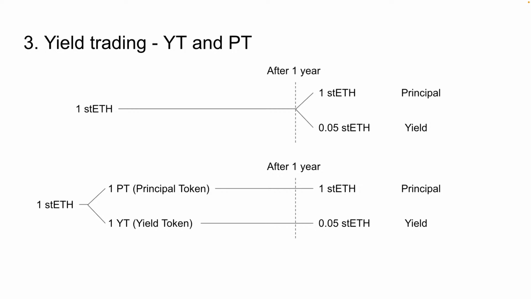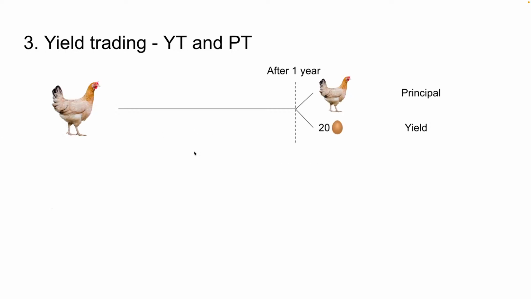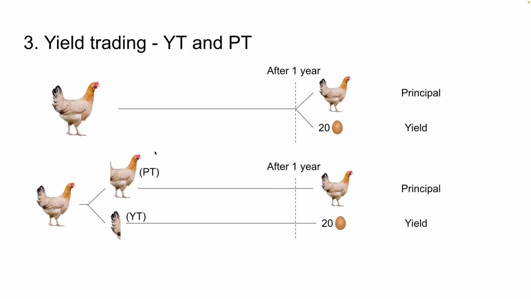To make things even easier to understand, let's use this analogy. Say we have a chicken that lays eggs over time. After 1 year, we get the same chicken, the principal, and 20 eggs that it has produced over the 1 year. The 20 eggs is the yield. So in Pendle, basically, we can perform a magic that will split the chicken into a chicken without its butt and the chicken's butt.